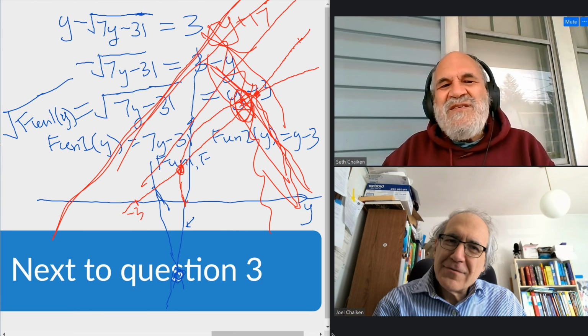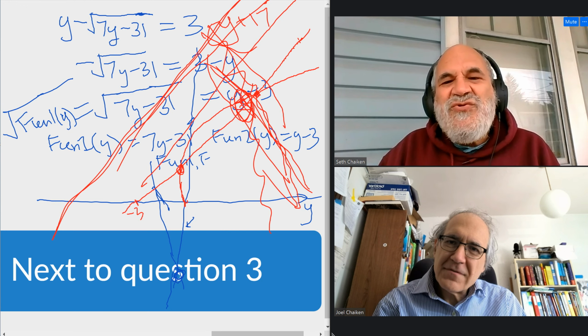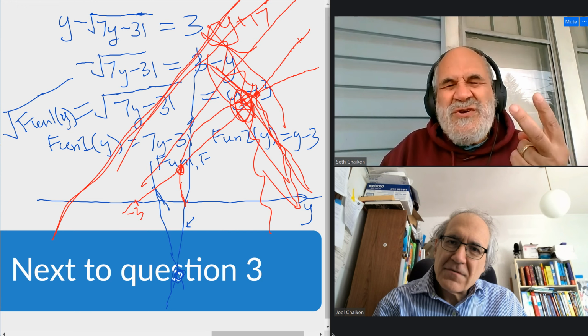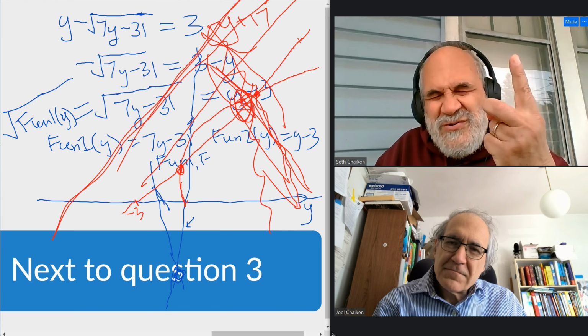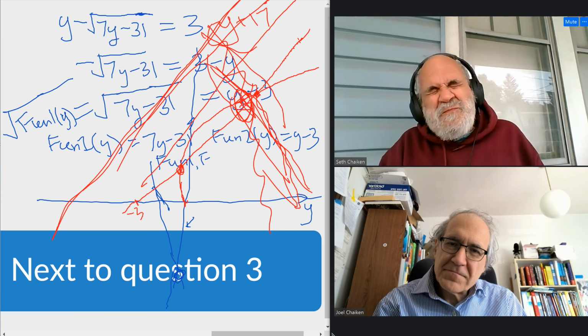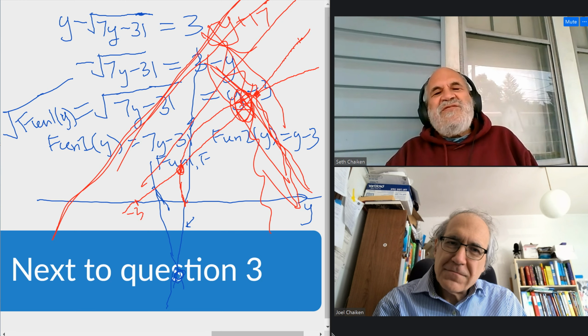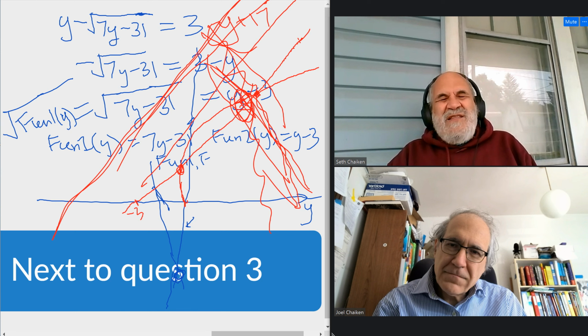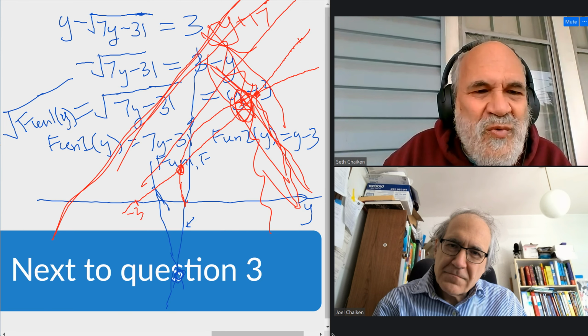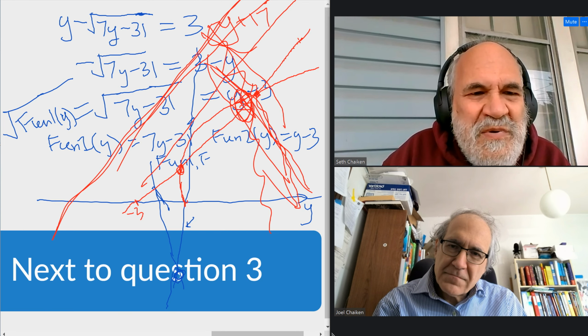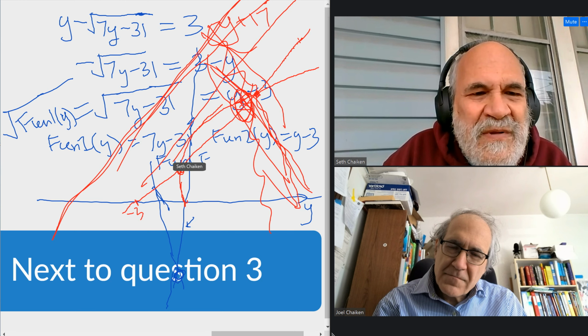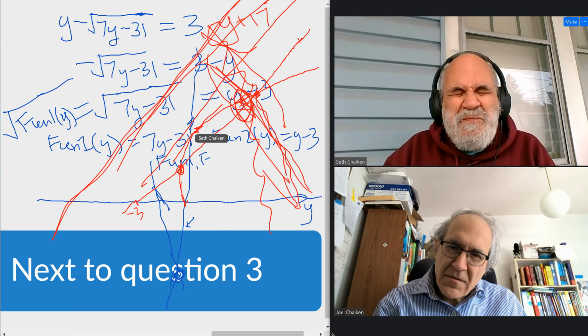Depending on what fun 1 and fun 2 are, there might be 2 solutions, 1 solution, or 0 solutions, depending on how many times the half parabola and the straight line intersect. And there's also the case where the straight line is tangent to the parabola, in which case there'd be a single solution, but it would be a double solution.